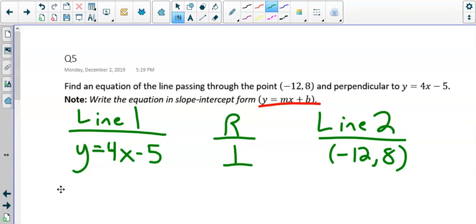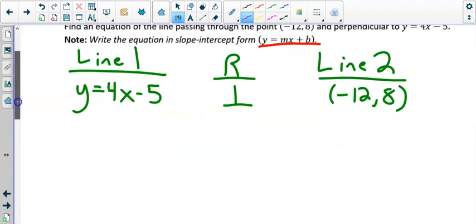All right. So, as we went through this, remember this was 3 steps. So, step number 1. What do we need from line 1? What is the only thing line 1 is good for? Finding the what? M. The only thing you want from line 1 is the slope.